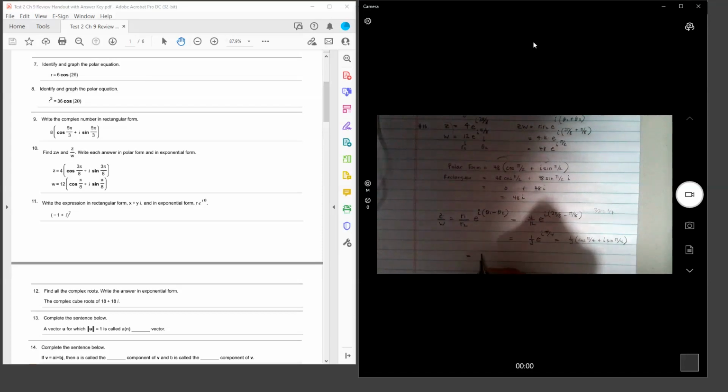What about rectangular form? In rectangular form, we have 1 over 3 cosine pi over 4. Well, I'm going to put the i at the end. 1 over 3 sine pi over 4 i. This will be the square root of 2 over 2. So the square root of 2 over 2 times 1 over 3. Same thing here.